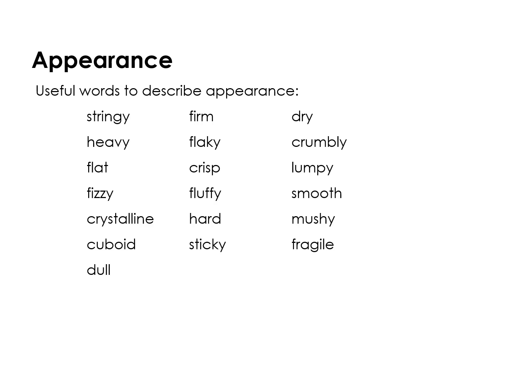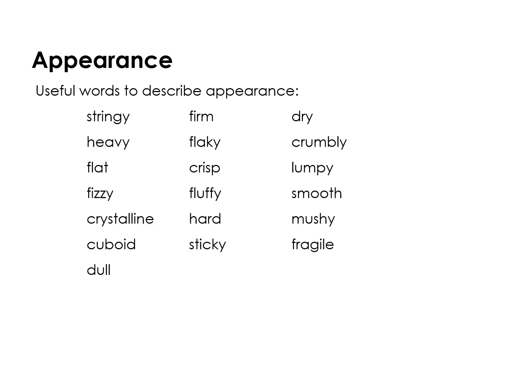So these are some useful words to describe appearance. Stringy, a food texture characterized by long, thin fibers that pull apart easily. So it is like string cheese or pulled pork. Firm.